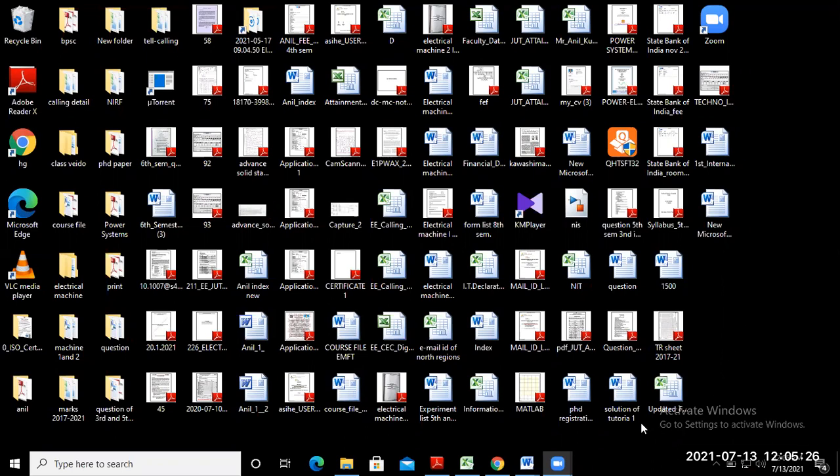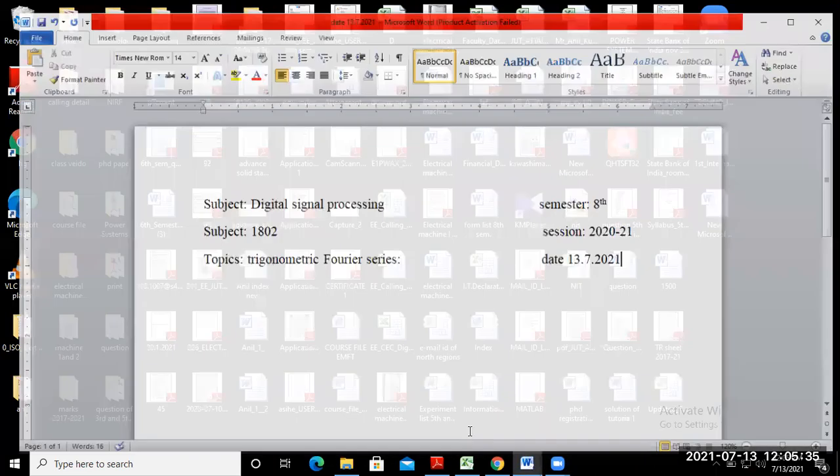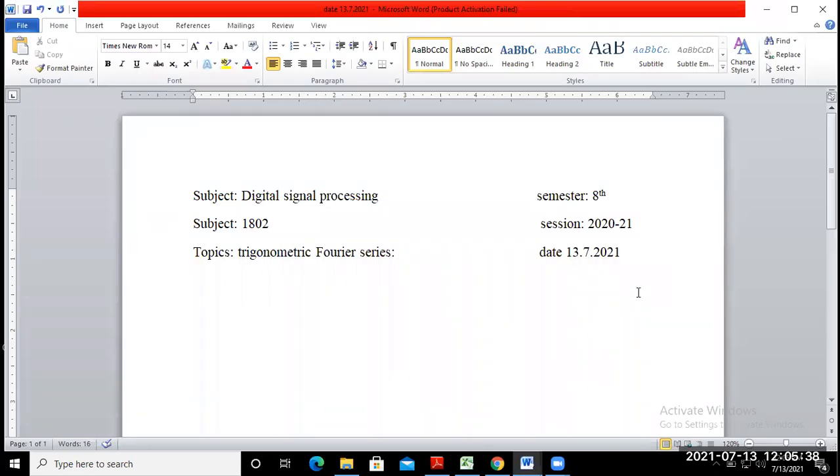Let us see how we can represent a Fourier series in trigonometric form. We can consider a sinusoidal function, sin m omega naught t, and another, sin n omega naught t, over an interval from t naught to t naught plus 2 pi by omega naught, where 2 pi by omega naught is the capital T, the time period.